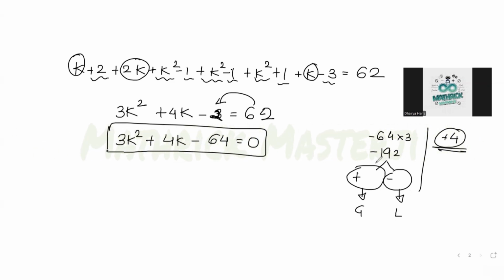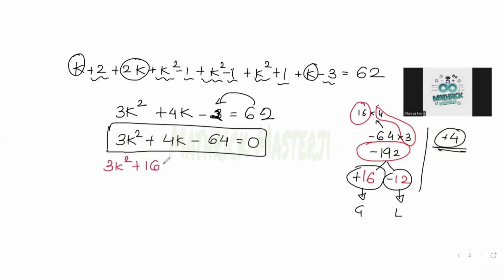Now, I want 192. If I try various combinations, 192 can be split as 64 times 3, and 64 can be 16 times 4. So one number is 16 and the other is 4 times 3, which is 12. Plus 16 and minus 12 gives plus 4, and also gives minus 192. So I get 3k square plus 16k minus 12k minus 64 equals 0.